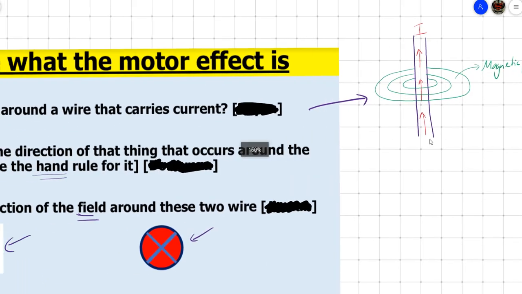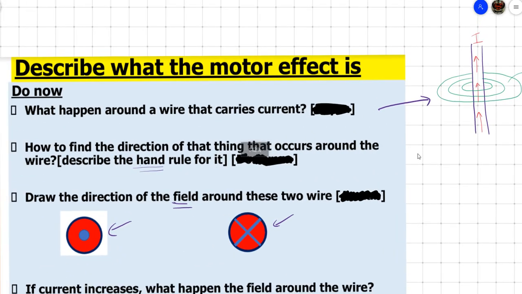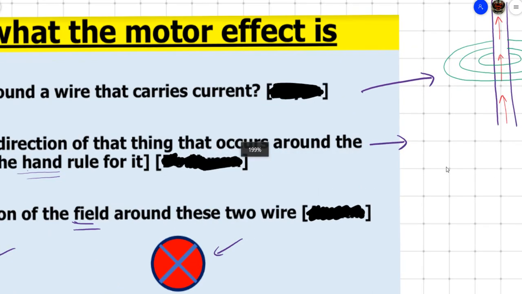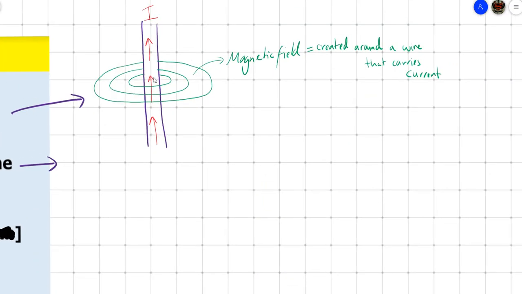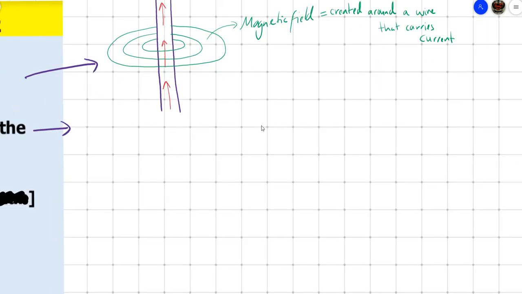Now the next question is, how do you find the direction of that thing? How can we work out the direction of the magnetic field? Here is a hand rule, or like I call it, the thumb rule. This is your right hand, so you're going to need your right hand.